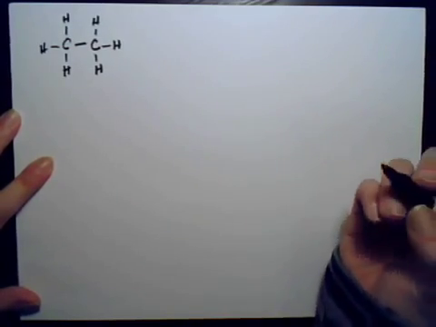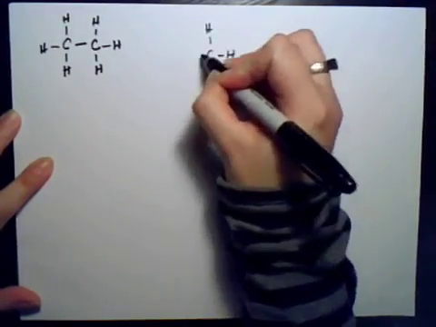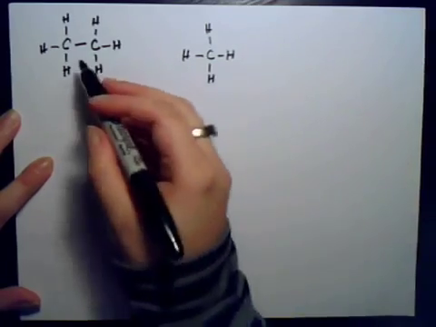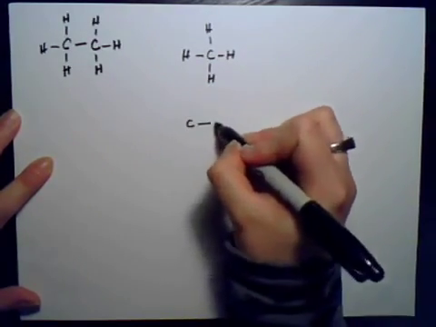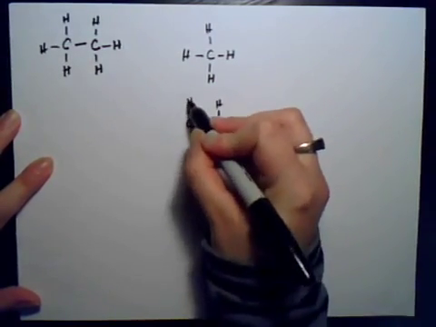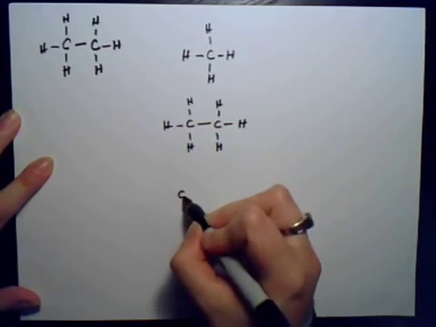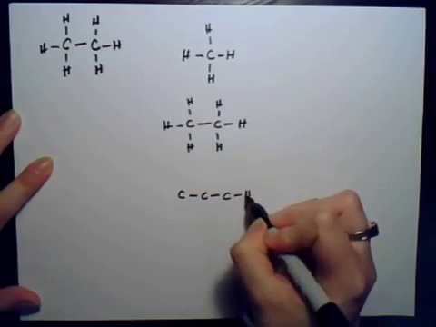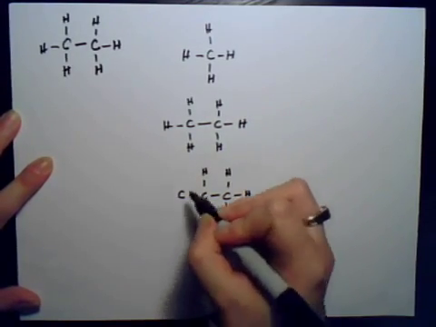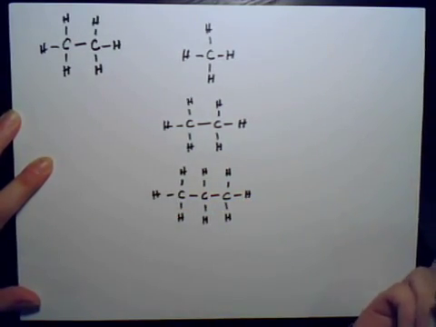So we could have a 1 carbon structure, a 2 carbon structure like I've drawn right there, a 3 carbon structure, and a 4 carbon structure.